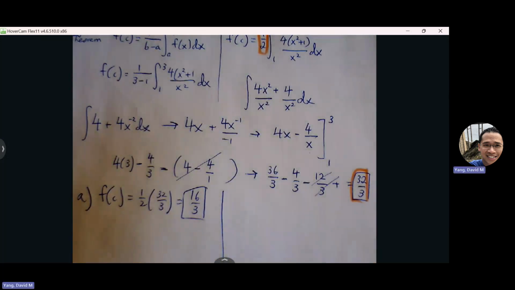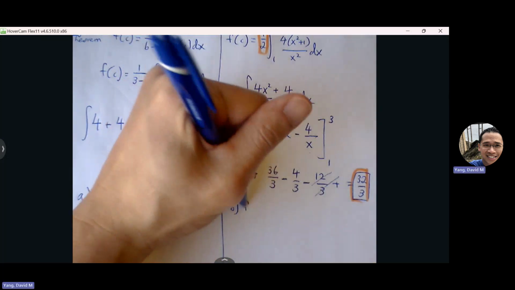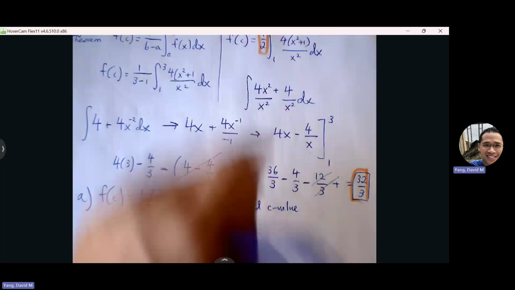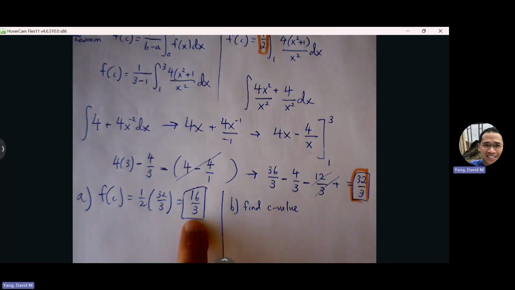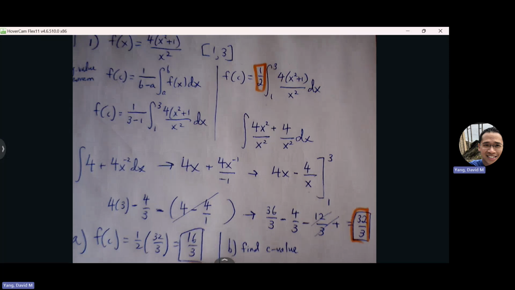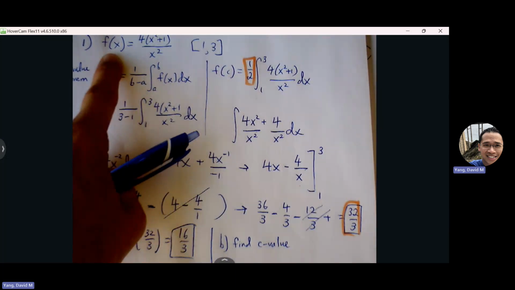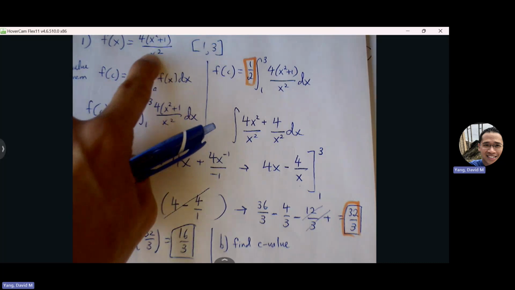There's also part B. Part B says find the c value. That's basically the x value of our solution. So this is basically our y value. We take this with the original function, plus 16/3 in for f of x, and then we're just trying to solve for x.